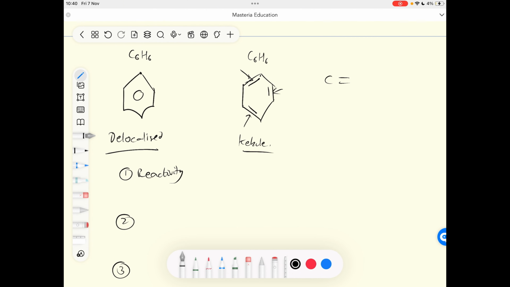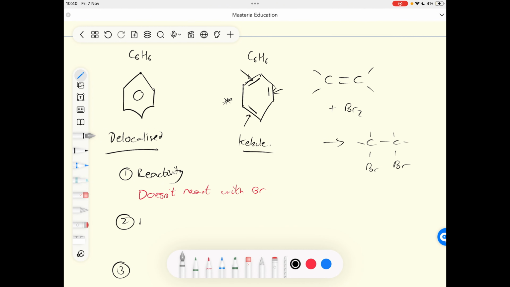Now, we know from earlier in the course that alkenes can react very easily with bromine in order to form a molecule like this in an addition reaction. However, what we actually find is when we have benzene, it doesn't react with bromine. So that means this model is much less likely. So one reason is because it doesn't react with bromine. And that's reason number 1.